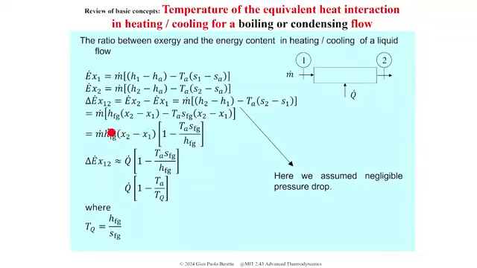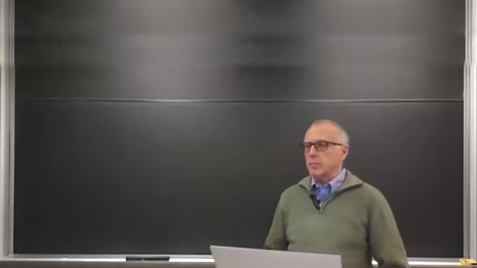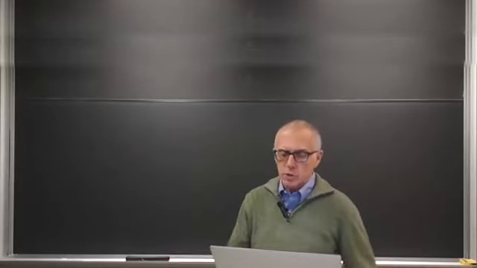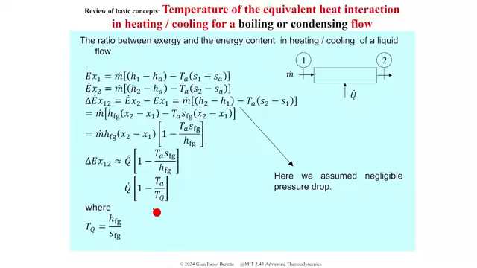So you can also do the same thing, put outside the energy change of your flow, call it Q, and what's left is in the form of a Carnot ratio, where TQ is the ratio between the enthalpy and the entropy of vaporization, which is exactly the temperature at which the boiling or condensation occurs.